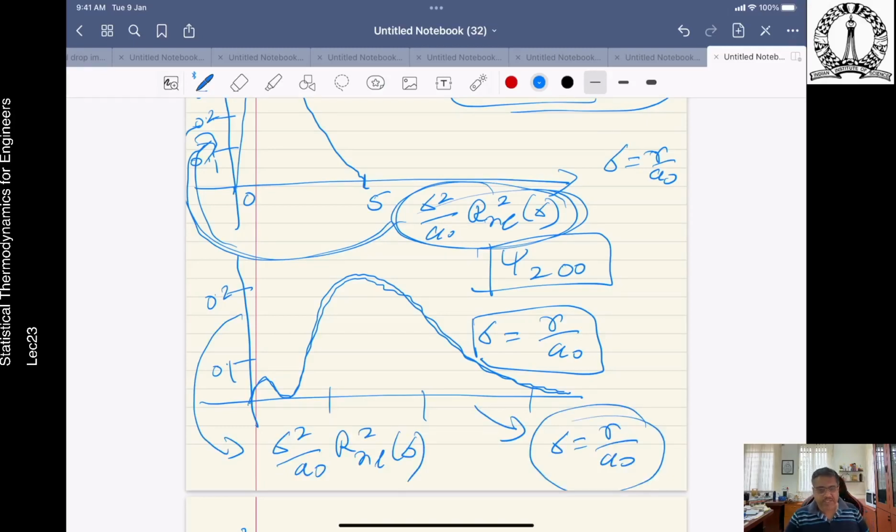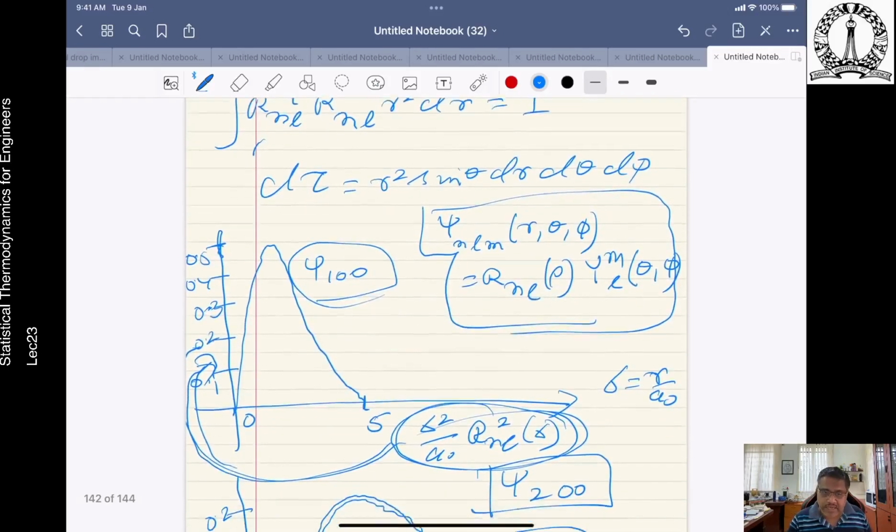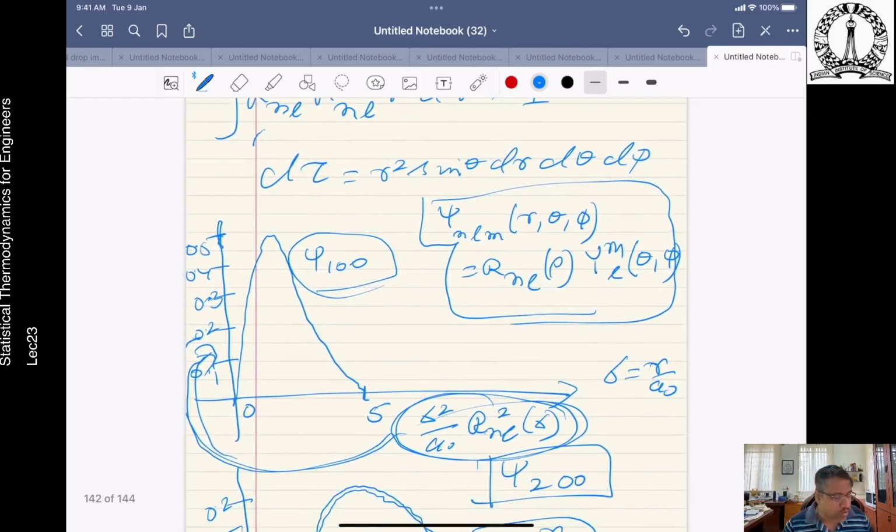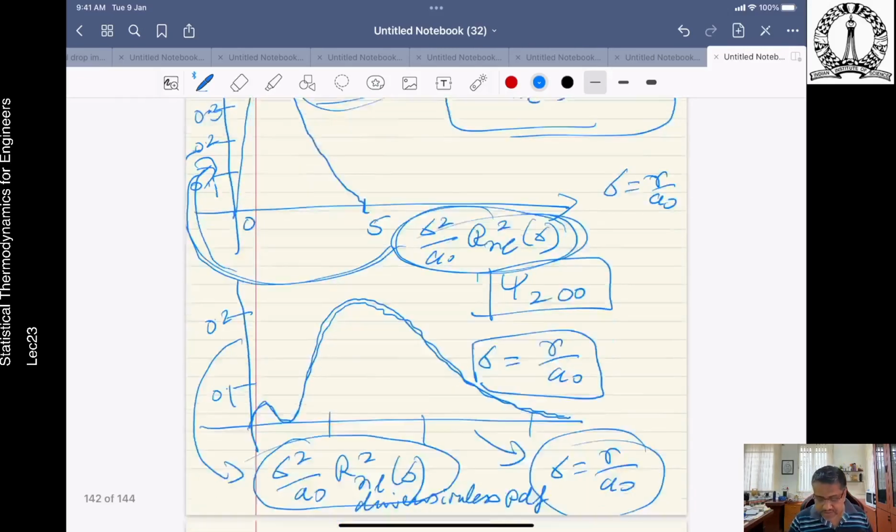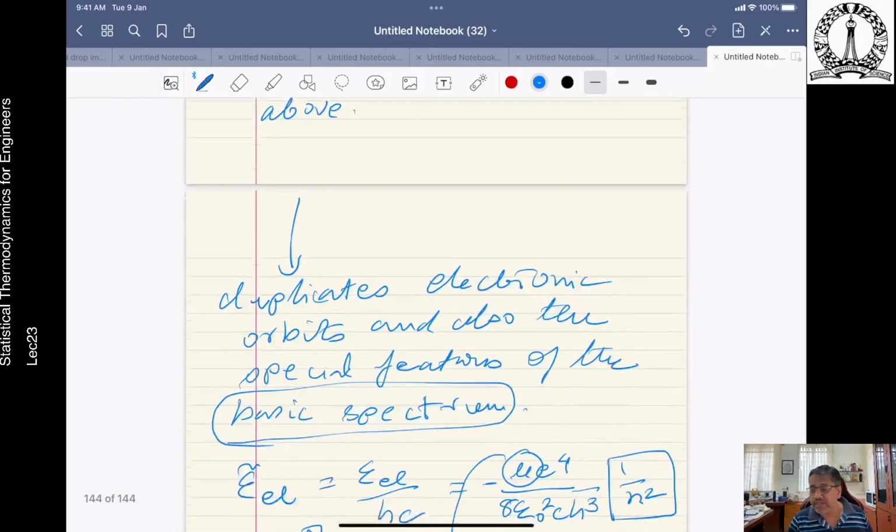It's like a dimensionless radius, and this is the dimensionless PDF associated with the radial portion of various wave functions. This allows you to measure the extent of the electronic cloud spread, or the zone in which the electronic cloud may be available. That is what is shown in this particular figure.